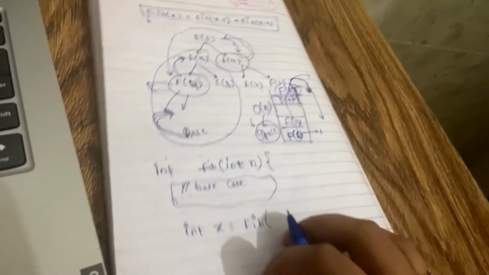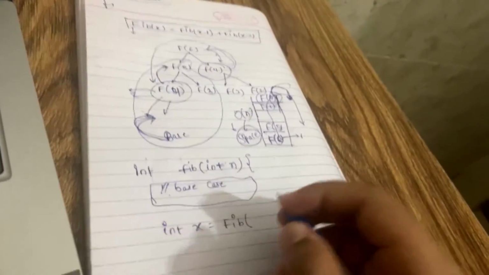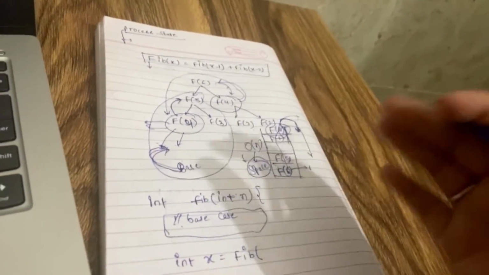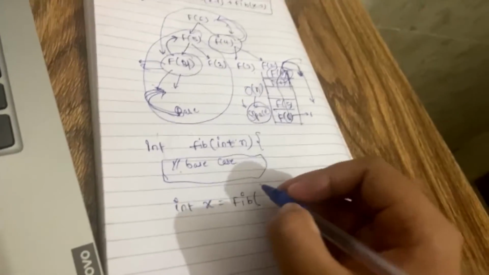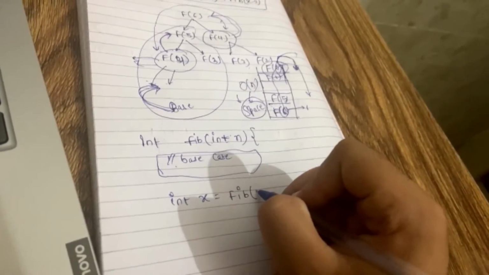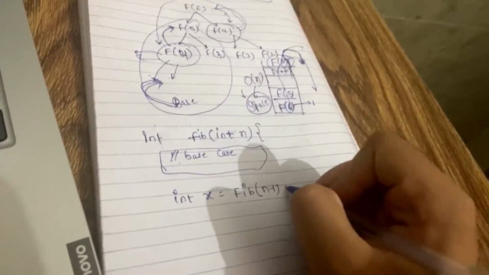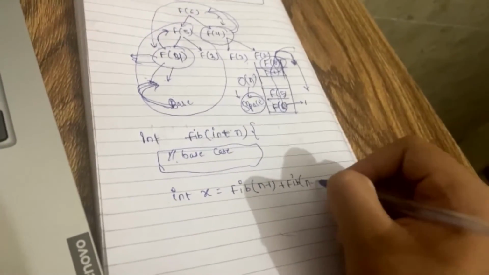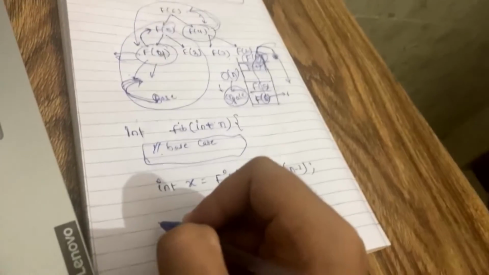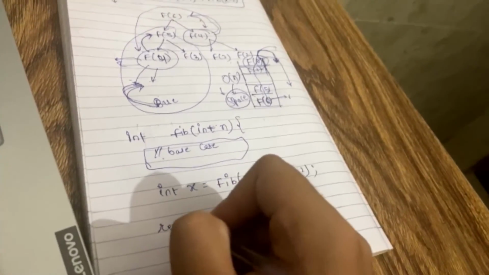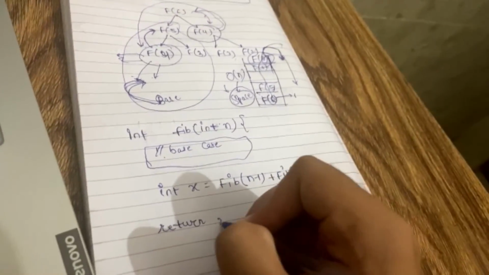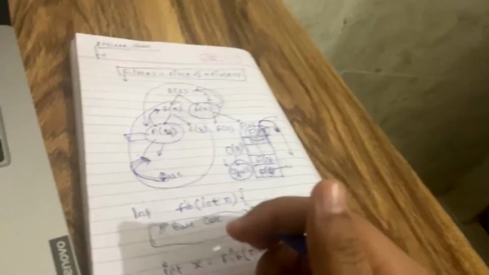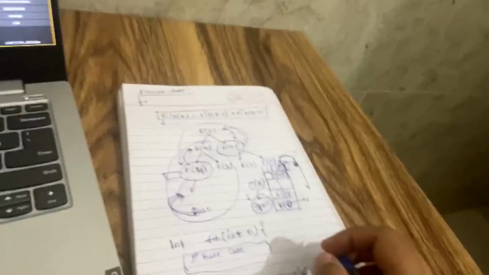What is recursion? Firstly I am writing the recursion code, then we will transfer it into the dynamic programming code. Fibonacci n minus one plus Fibonacci n minus two, and here you return the x from here.